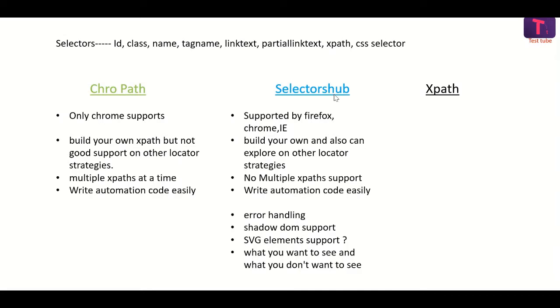So we are going to discuss what is provided by ChroPath and what is provided by SelectorsHub, and this is going to be a comparative way of learning. So, ChroPath, like we see here, is a Chrome extension.